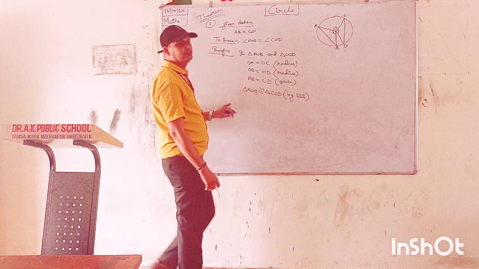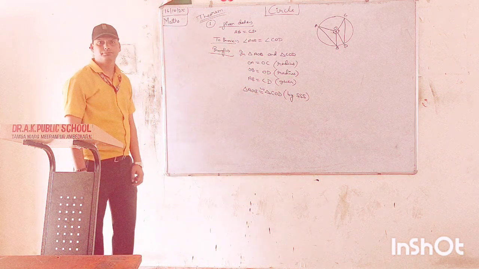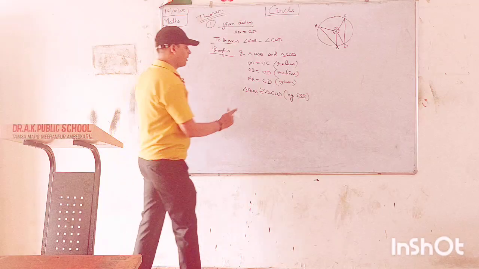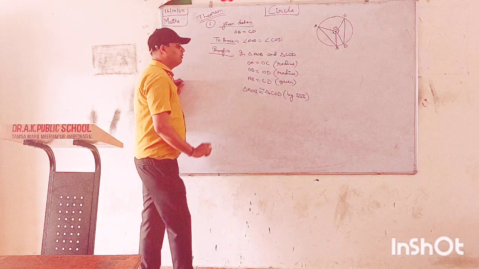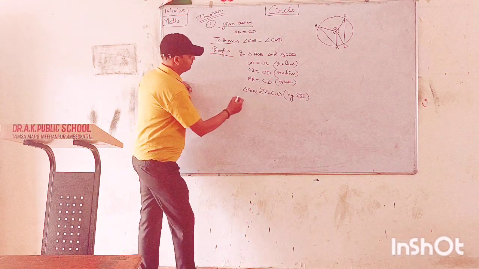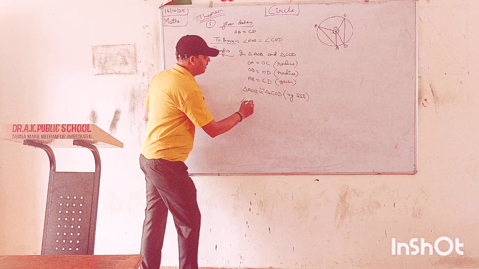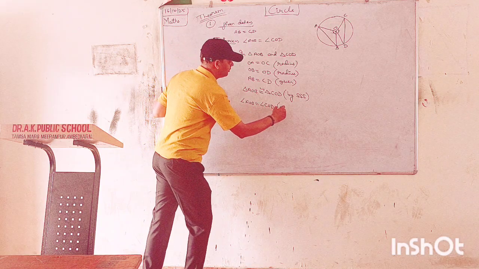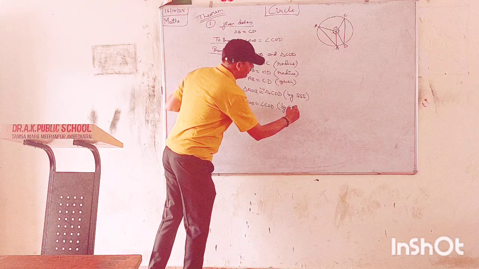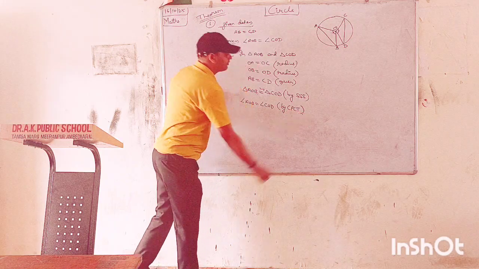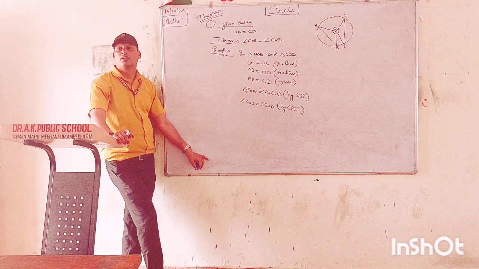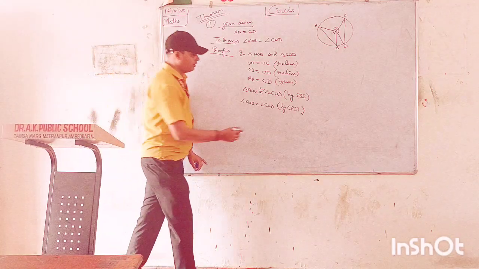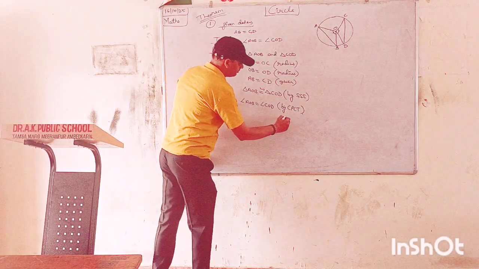SSS criteria. Is it clear? Good. So now, by CPCT, angle AOB is equal to angle COD by CPCT. Is that clear? So this is done.